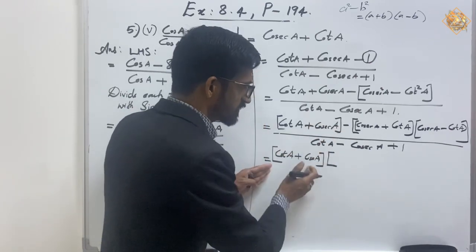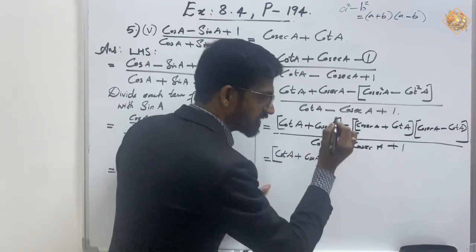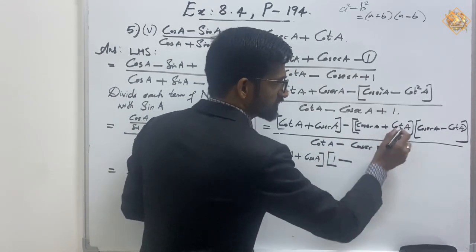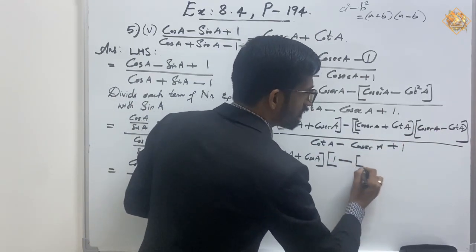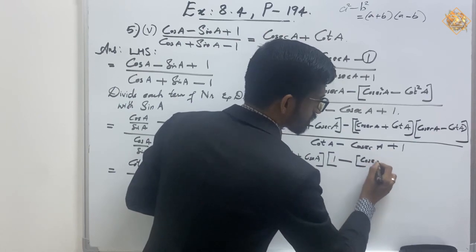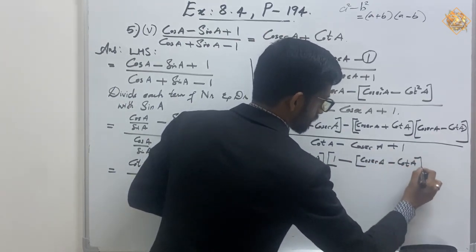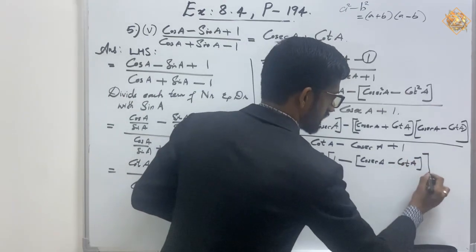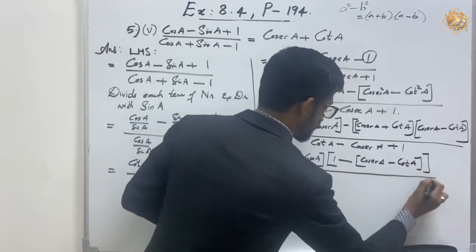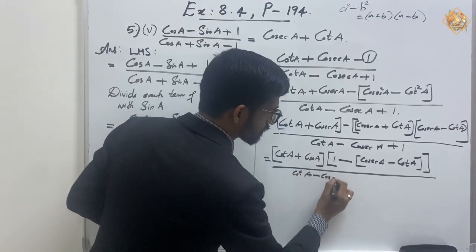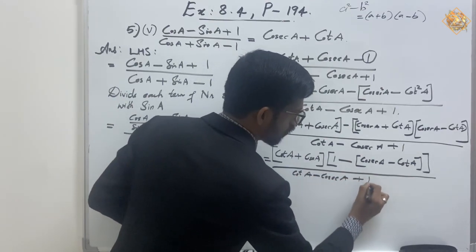Then there will be a 1 minus. Now this is gone outside, so what's remaining? Minus of cosec A minus cot A. That's it. In the denominator I will write the same, that is cot A minus cosec A plus 1.